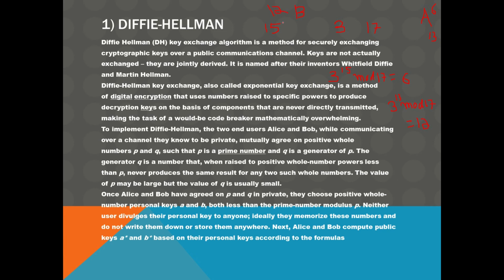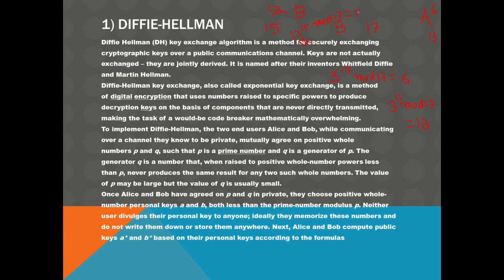And now after doing such exchange of information, both of them come to another step, that is, with the numbers which are exchanged, they both repeat the same procedure. For example, suppose Bob has received the number 12, so he will calculate 12 to the power 15 modulus 17, which actually comes out to be 10.